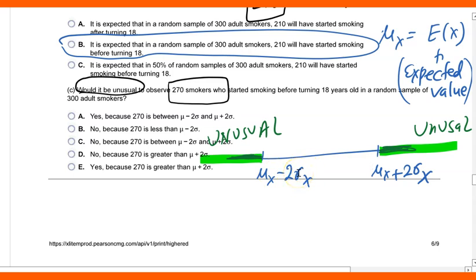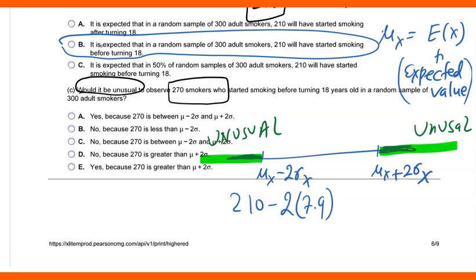What's mu of x here? Mu of x equals 210. The lower limit is 210 minus 2 times the standard deviation, 2 times 7.9, and the other one is 210 plus 2 times 7.9.